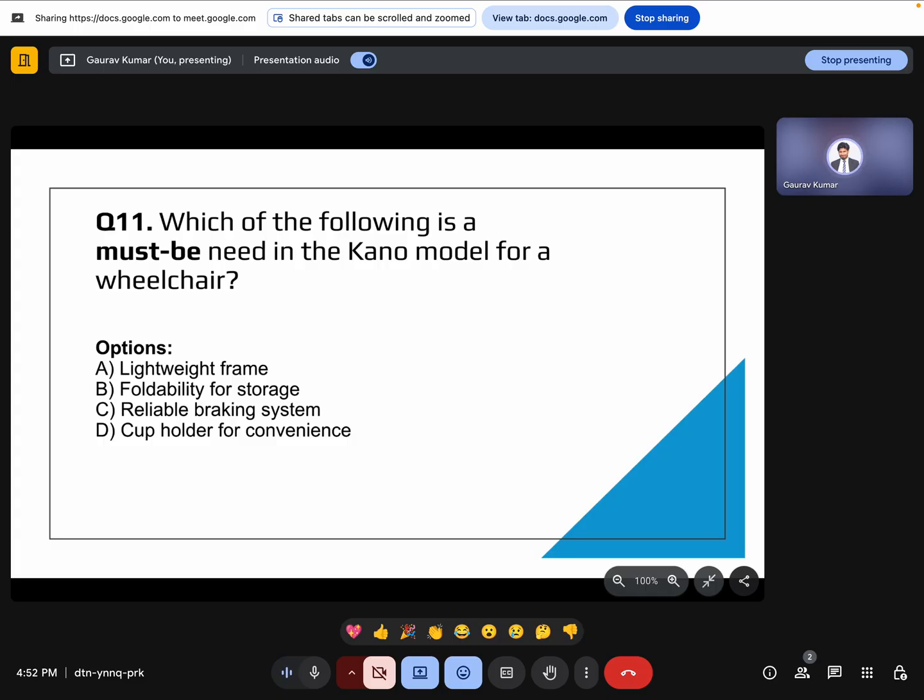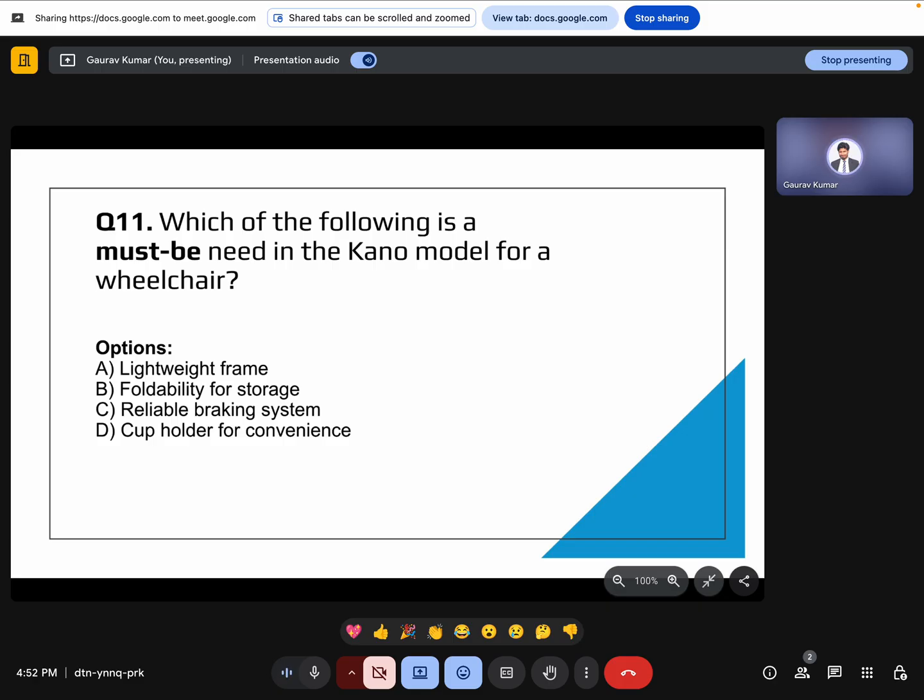Must-be needs are the basic, non-negotiable features. Their absence causes extreme dissatisfaction, but their presence does not necessarily delight. Customers simply expect them. So the correct answer is reliable braking system.